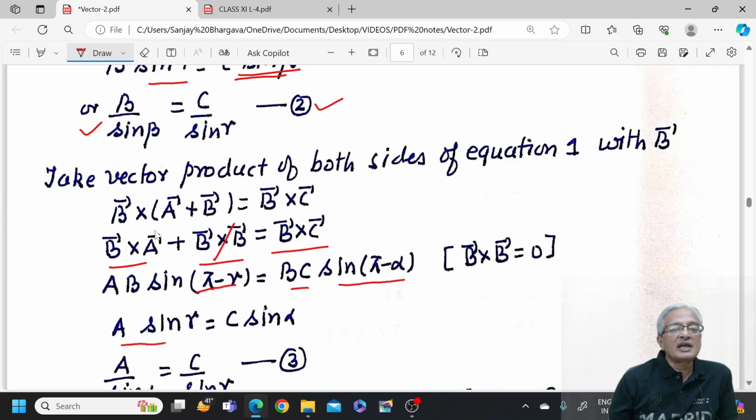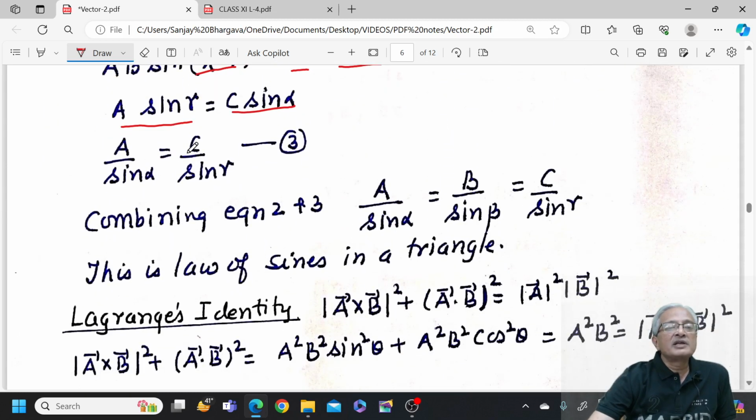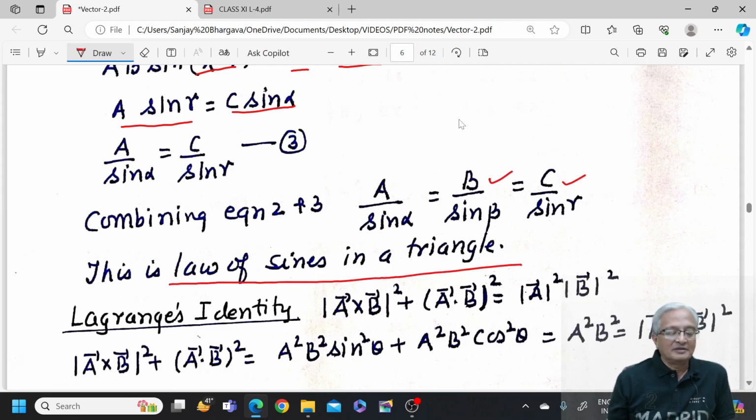So I get A sine gamma would be C sine alpha, which can once again be written as A sine beta is equal to C sine alpha. If I combine the second and third equations, I obtain A upon sine alpha would be equal to B upon sine beta would be equal to C upon sine gamma, and this is called the law of sines in a triangle.